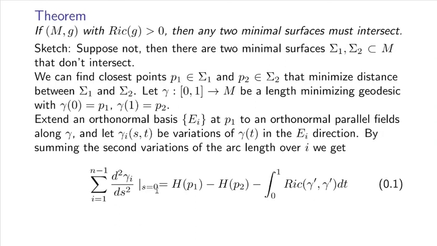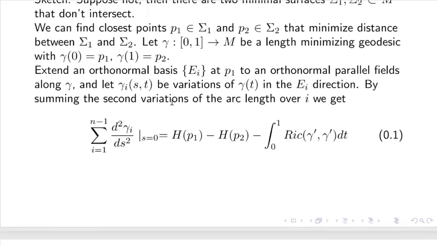Since it's length minimizing, this side here should be positive. But on the other hand, this will be 0, this will be 0. Of course, note that you can generalize this to some mean convexity condition. Anyway, this will be positive. This is 0, 0, strictly negative, because Ricci g is strictly positive. So that gives a contradiction.